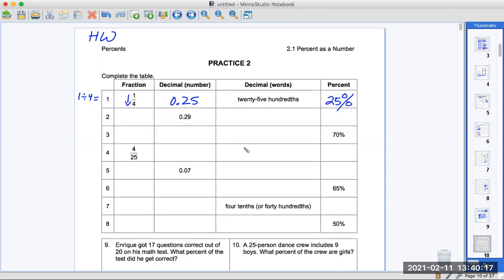And then the next one I want to show you is this one. You guys fill in this. 70% as a decimal is 0.70, and as a fraction, it's 70 out of 100. And then you need to reduce, which is 7 out of 10. You want to reduce your fraction, or simplify. Remember, you divide by the big 1.